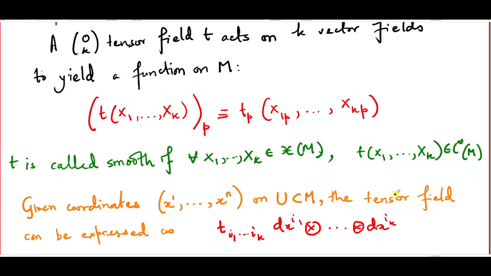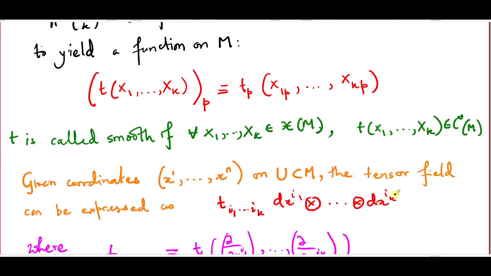Now, a particular result that was of great importance and will be of great importance today, as you will see, is that if we are talking about a coordinate patch, a chart u, phi with coordinate functions x1 through xn, the tensor field, a 0k tensor field in particular, can be expressed in the form t_{i1 through ik}, dx^{i1} tensor product with dx^{i2}, all the way up to tensor product with dx^{ik}.